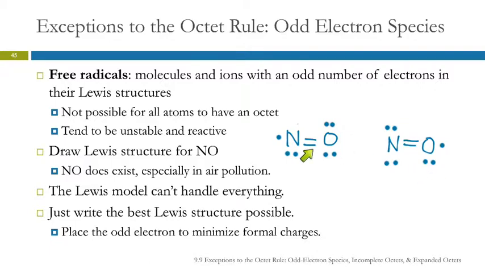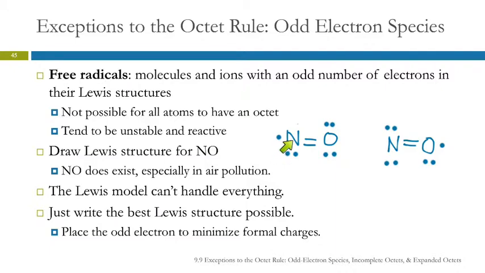So we have these two possibilities. The Lewis model doesn't handle this well, so all we do is the best we can. You draw the best Lewis structure you can, and we put that odd electron in there to minimize the formal charges. So we need to consider formal charges to decide which of these is a better structure.